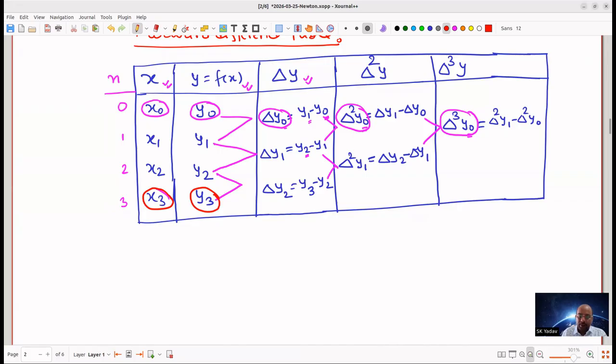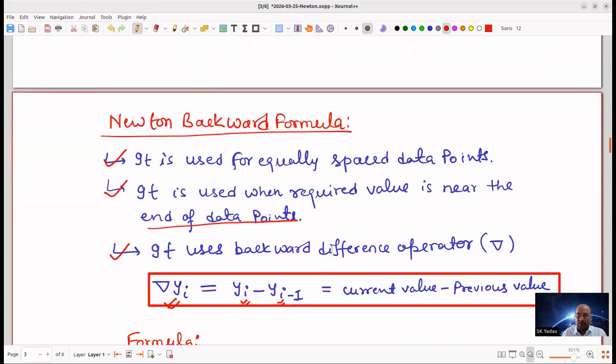So this value I will take as the backward difference, and similarly this value will be used as backward, and finally this value will be used as backward. So if you see here, the values in the table will not change, only the pattern in which we are taking them is changed. Because backward starts from the backward side, we will take the values from the last of the row from the table. So let us now see one example here.